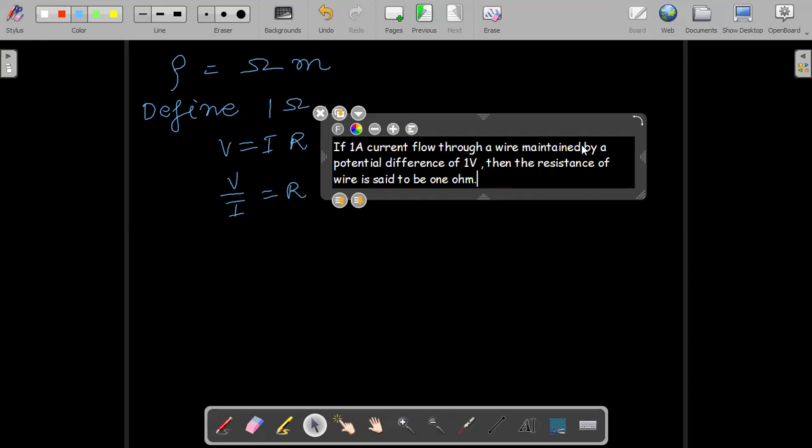So the resistance of wire will be said to be 1 ohm if 1 ampere current flows through a wire, if there is a potential difference of 1 volt.